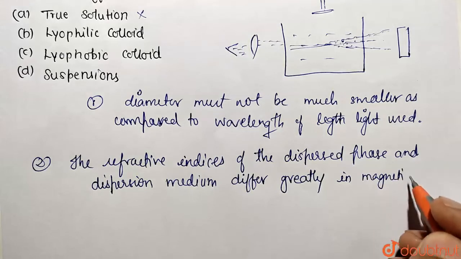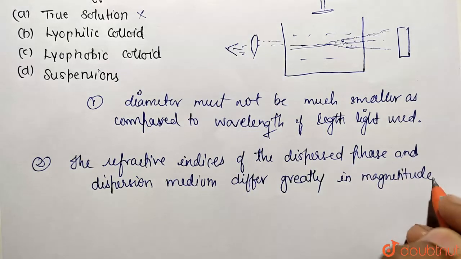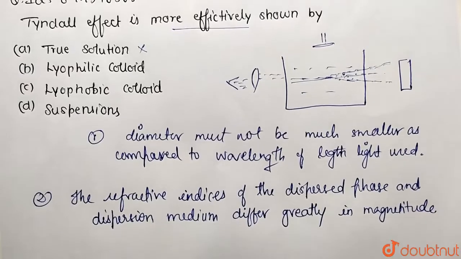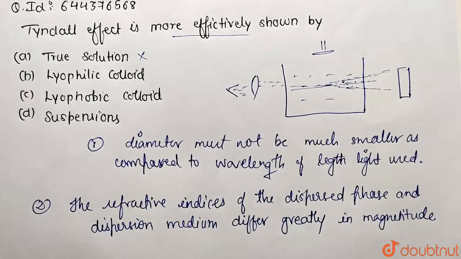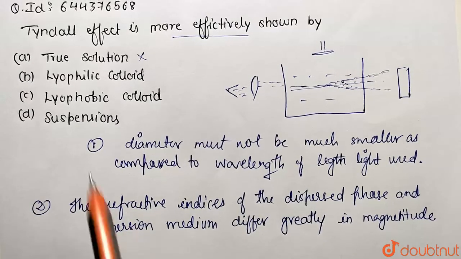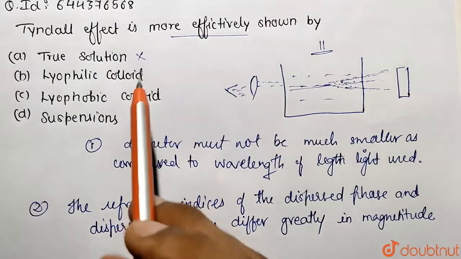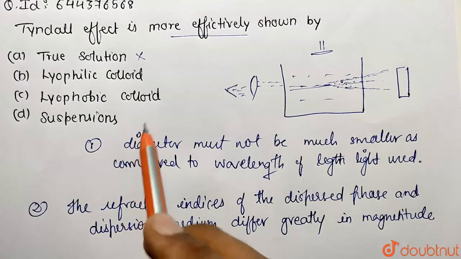So these are the two conditions which are required to show the Tyndall effect, or what is called the scattering of light by the particles. Here, a true solution is not going to show it, while a suspension is going to show it.